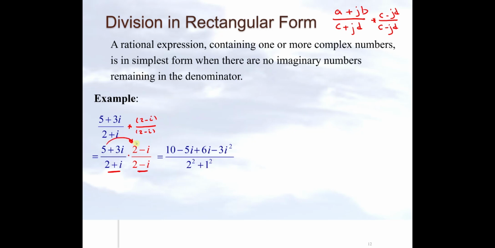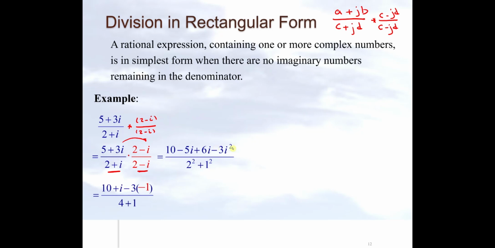So you have 5 times 2, which gives you 10. This is the first. Then the outer, 5 times minus i, so you get minus 5i. Then you do the inner, so you have 6i, and finally the last, you get minus 3i squared. So now we did just one multiplication using the FOIL rule.